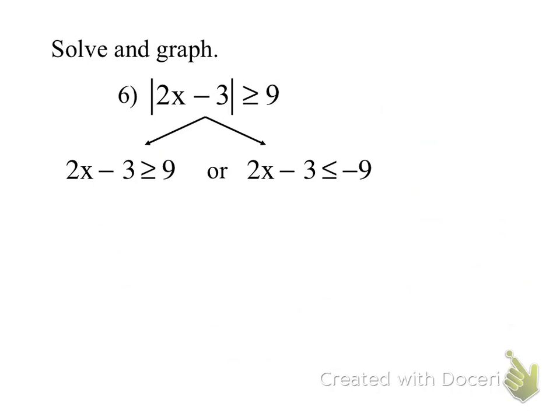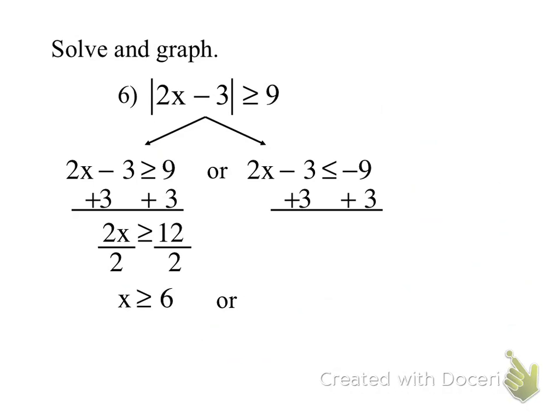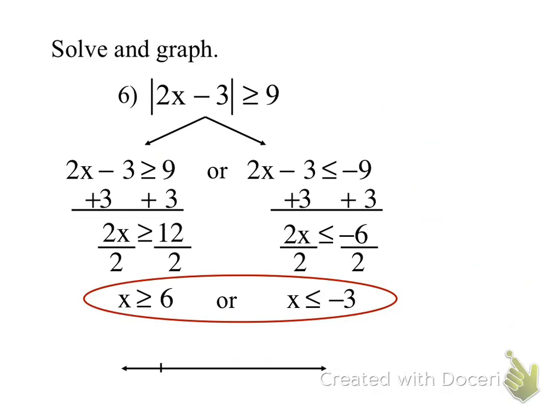When I set it equal to the negative, I switch the inequality sign. So instead of greater than or equal to, it's going to be less than or equal to for that negative 9. And then we solve, and then we graph. And as we said, when absolute value is greater, it's a union. It should be 2 lines. Okay, questions here?